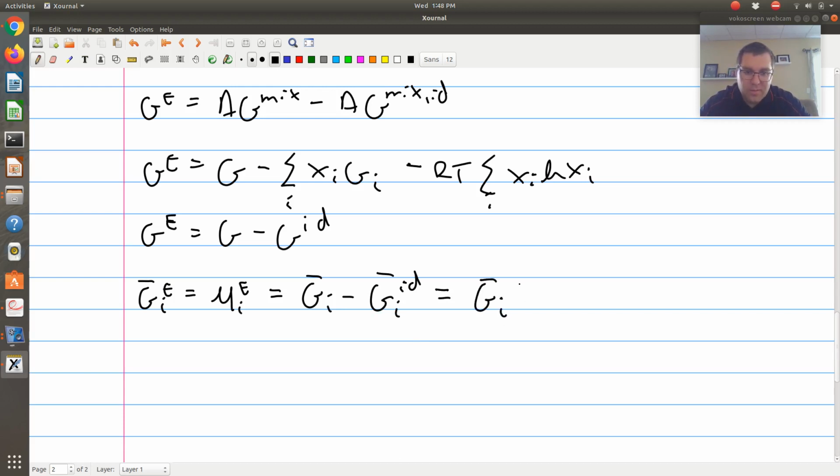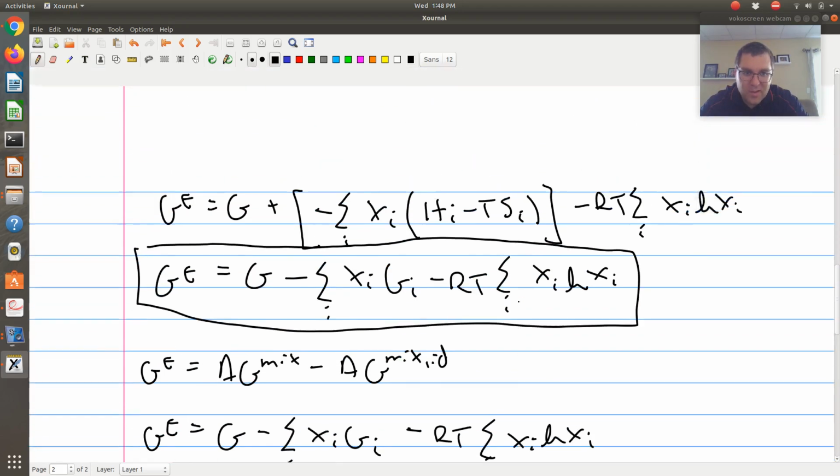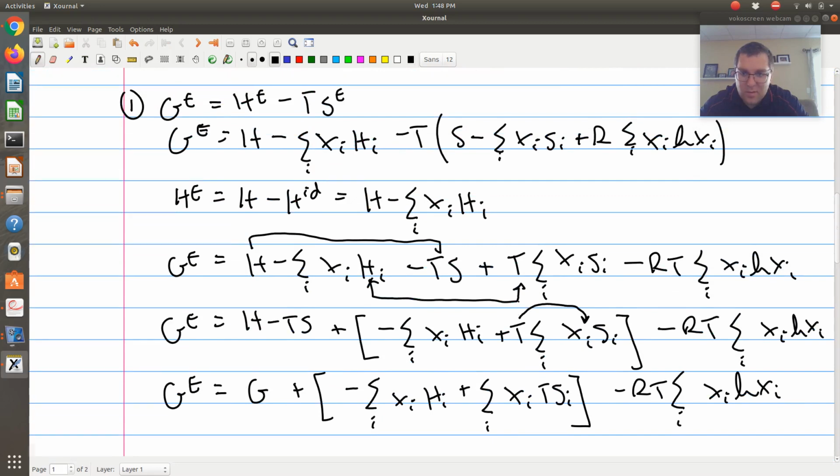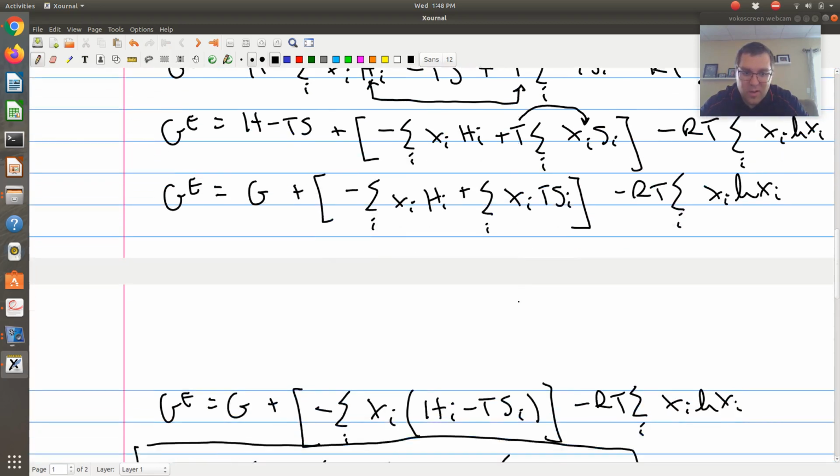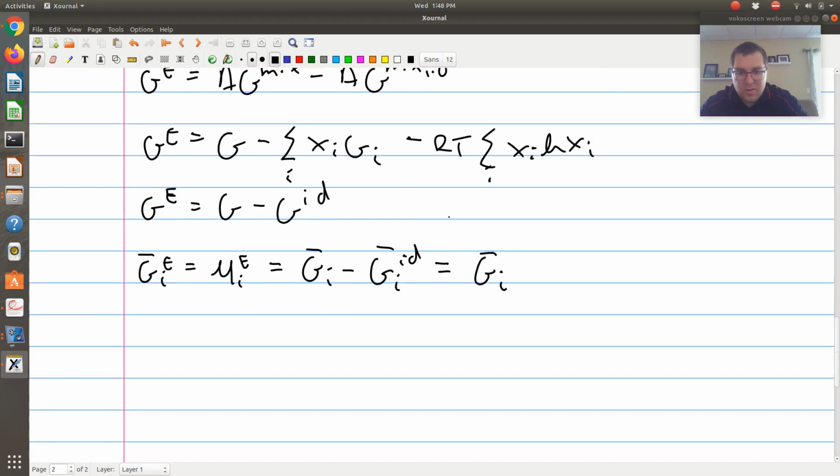Now I have to jog my memory as to whether this is a plus or minus. The sign would be opposite of S. S is minus R log xi, so it should be G bar i plus RT log xi. And again, this is equivalently the chemical potential, so you could write this as mu i. So that'd be one way.